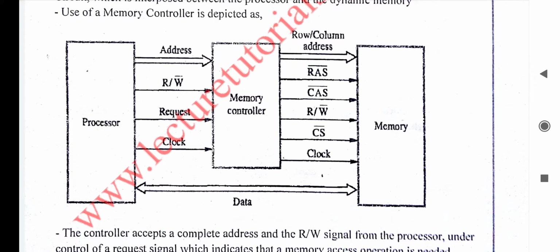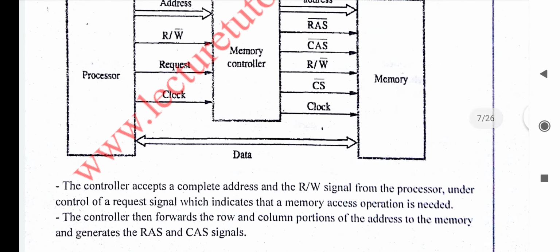The memory controller accepts the complete address and the read or write signal from the processor, under the control of the request signal, which indicates that a memory access operation is needed.